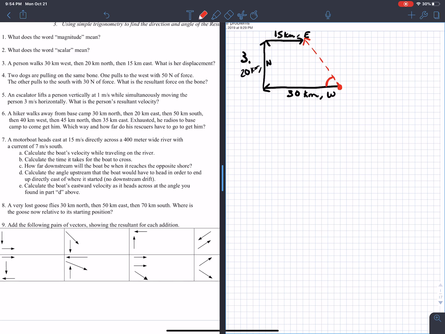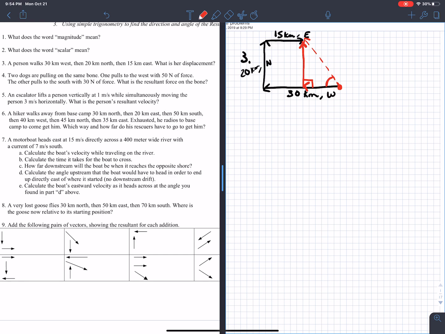Since this was created along a due west, due north, due east situation where we didn't have any angles involved, you can take the vectors and make yourself a right triangle from that, like this.